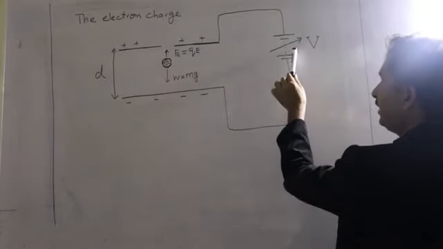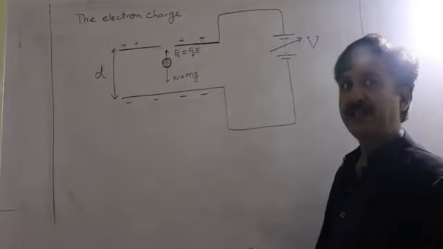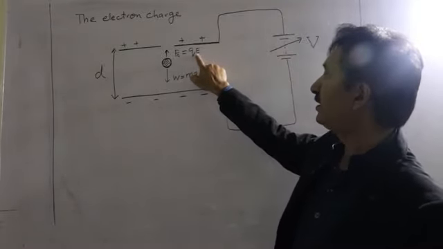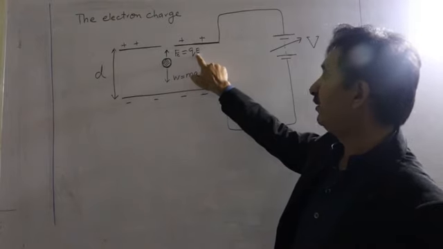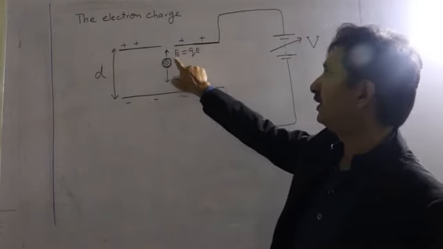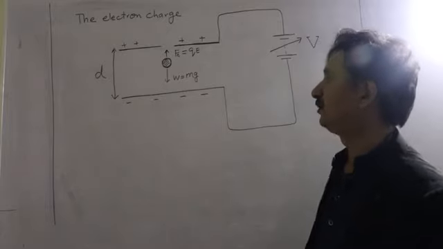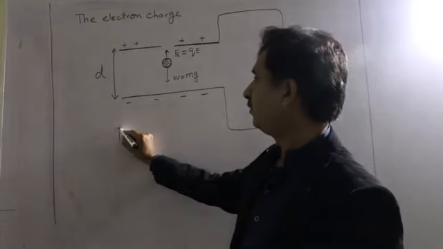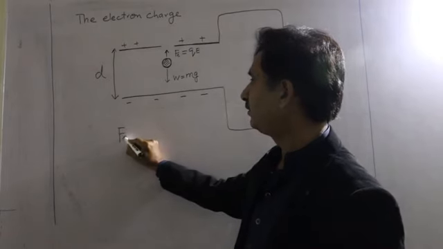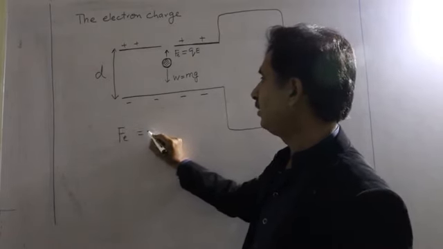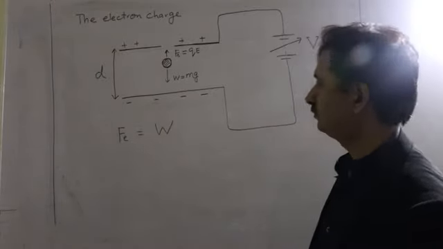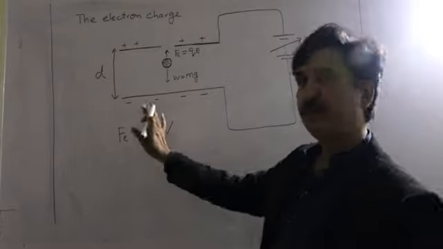By the variable supply, we will change V. When we change V, we change the electric field strength, and by changing it we can change the upward force. A time will come when the upward force Fe becomes equal to the downward force, the weight. Now the problem is solved.